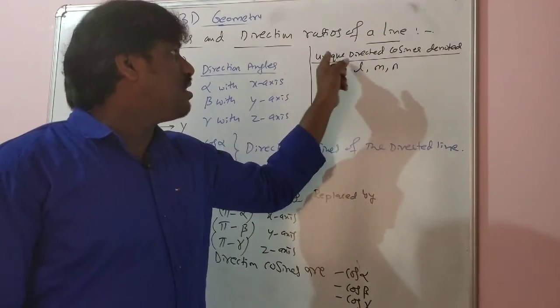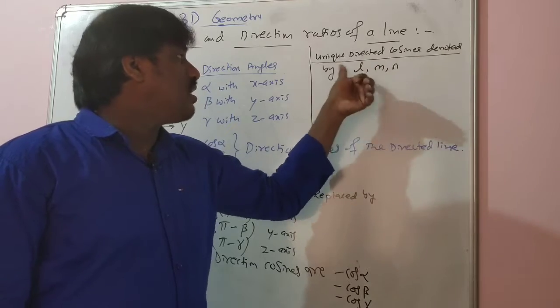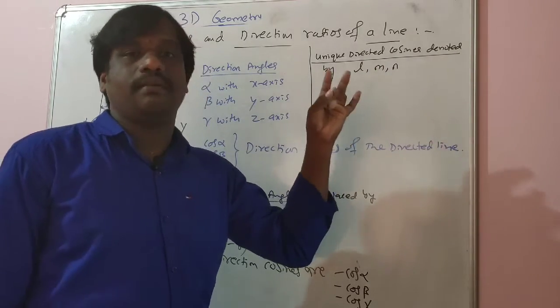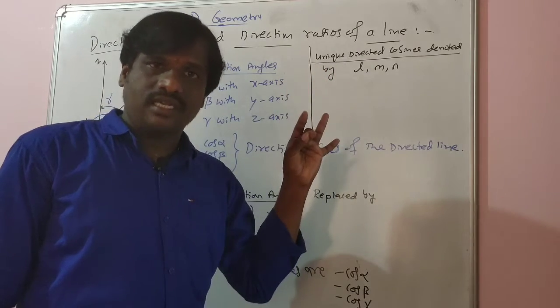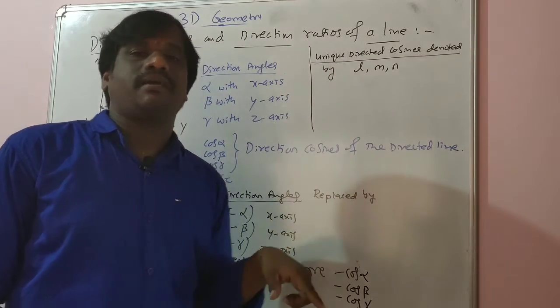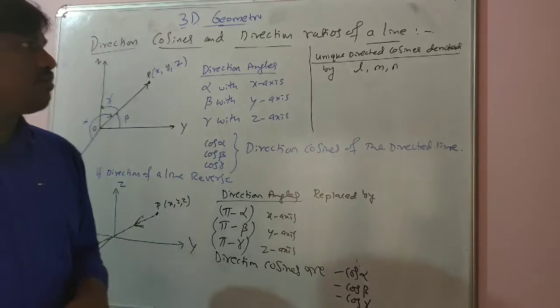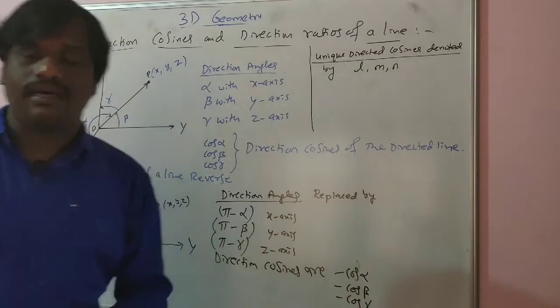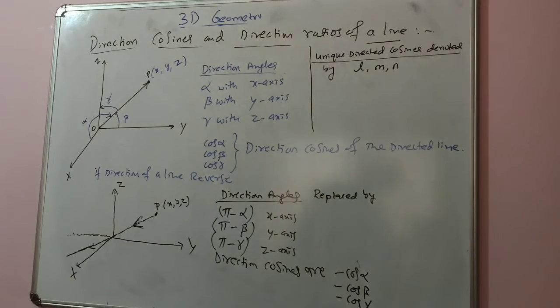So l is equal to plus or minus cos alpha, m is equal to plus or minus cos beta, n is equal to plus or minus cos gamma. Hope you understand this.